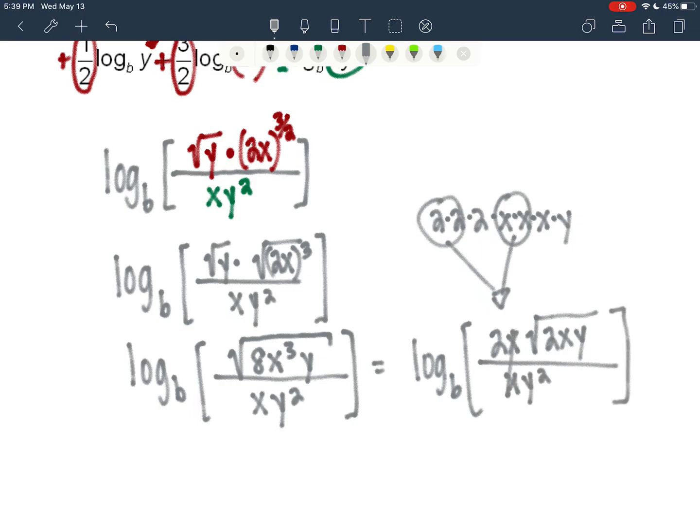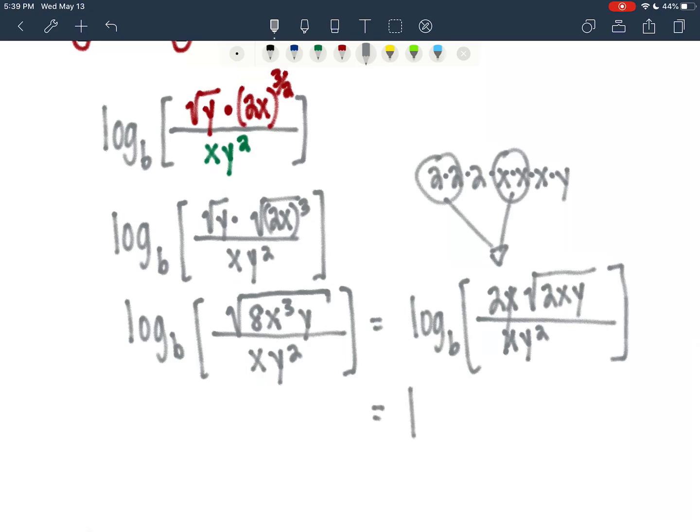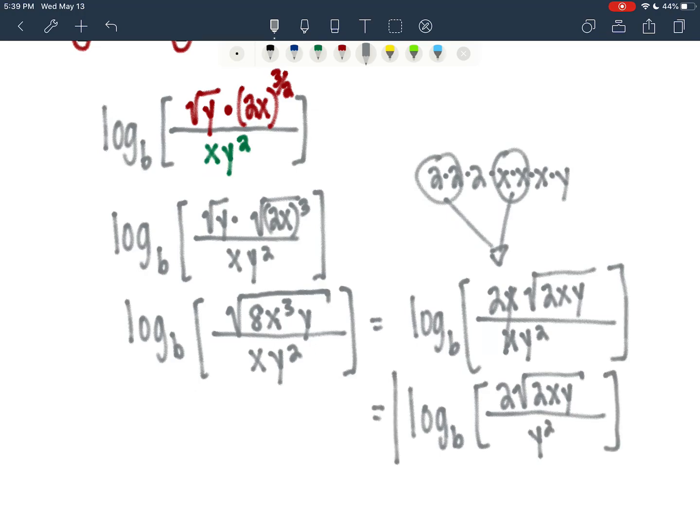And then these x's cancel out, so you could see an answer on an answer key that had 2 times the square root of 2xy over y squared. And that's if we use all of our algebraic tools that we've learned to this point in all of our algebra classes. That's what could result.